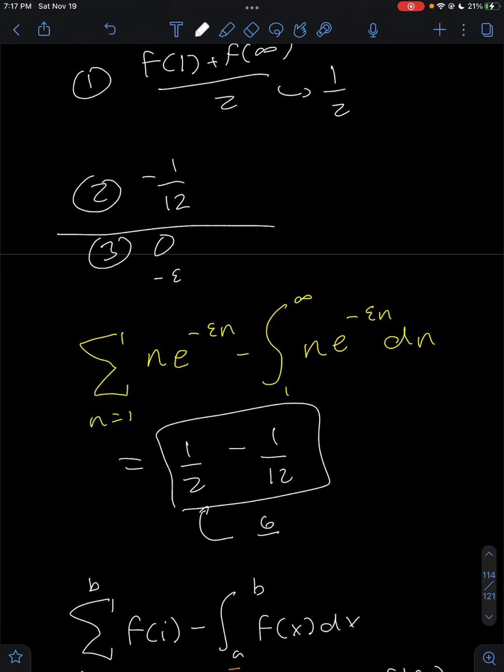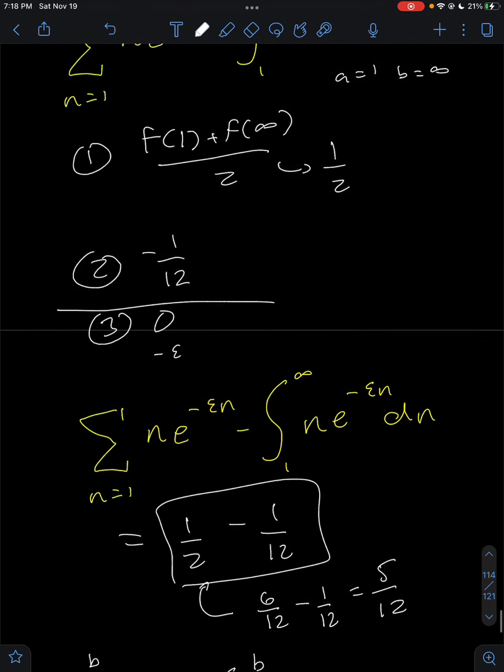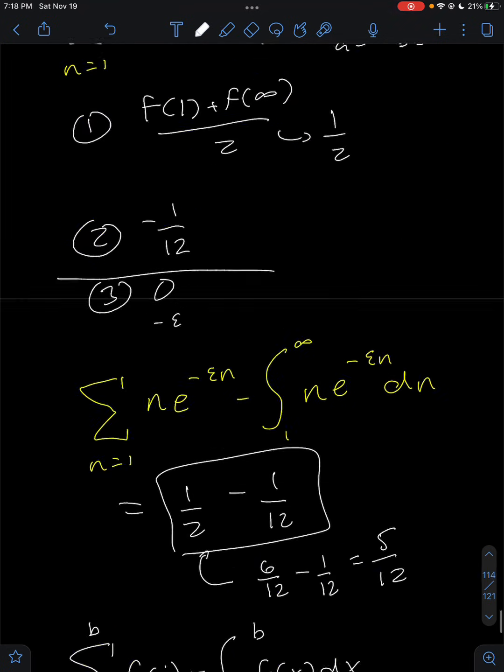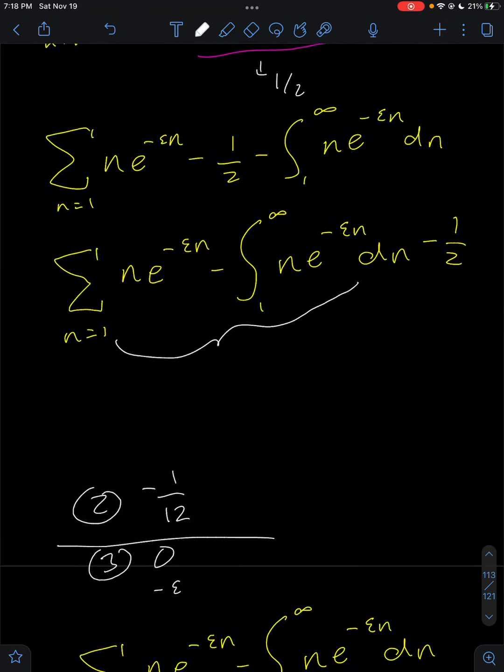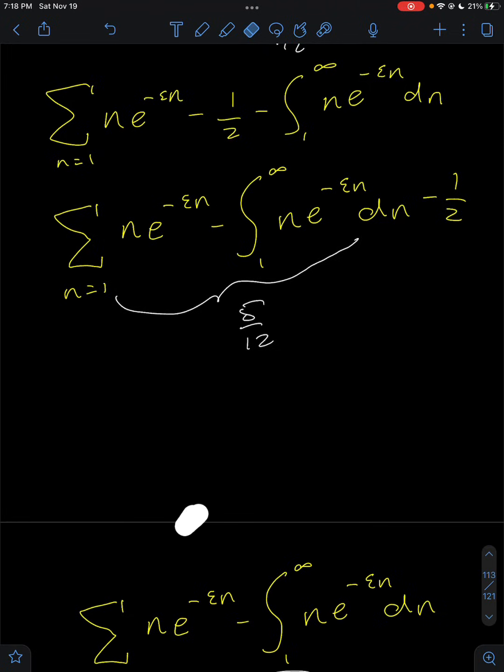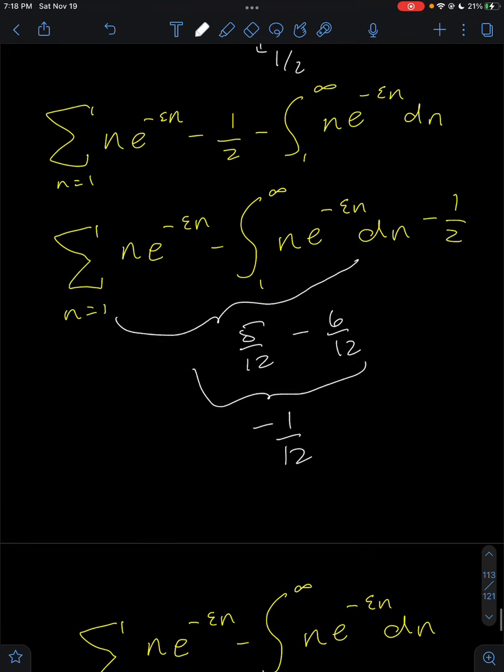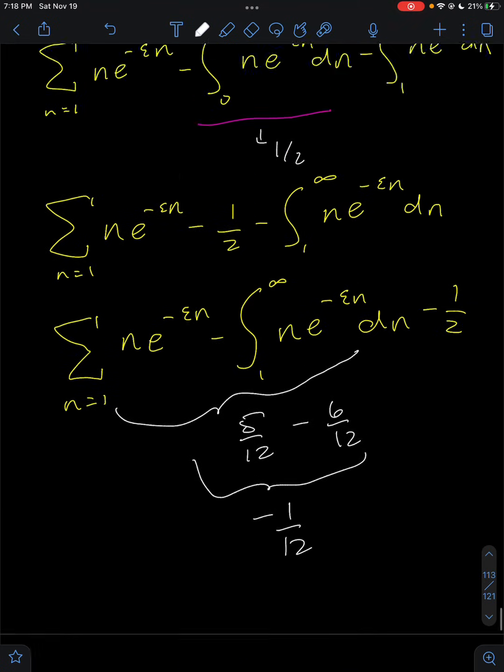That's just 6 over 12 minus 1 over 12, and that's just going to be 5 over 12. So 5 over 12 minus 1/2, that's just 5 over 12 minus 6 over 12, which is just going to be minus 1 over 12. Pretty cool, isn't it?